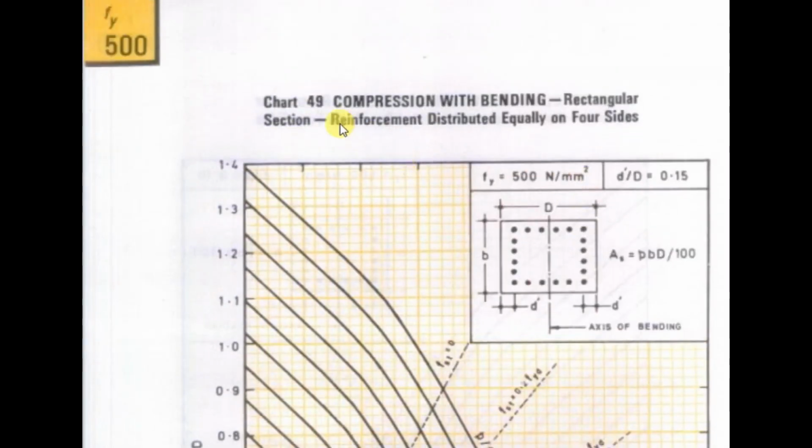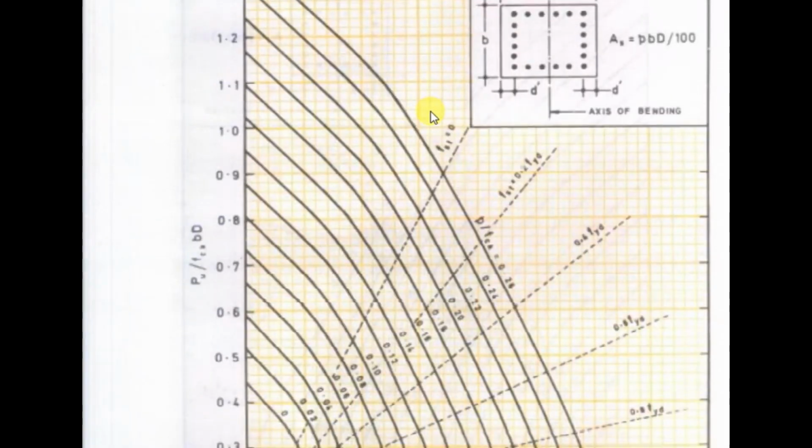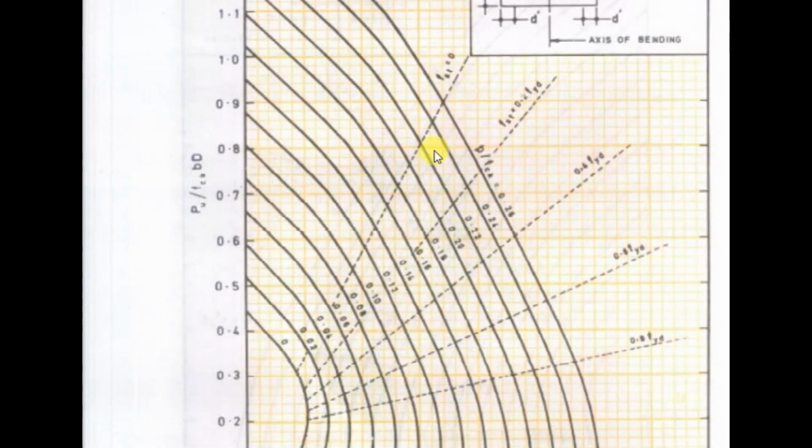This is chart number 49, for Fe 500 steel grade. Here you can see reinforcement distributed equally on 4 sides, the Fy value, and D dash by D is 0.15. So this is the distribution of reinforcement, equally distributed on 4 sides. We know the PU by FCK BD value and P by FCK value.